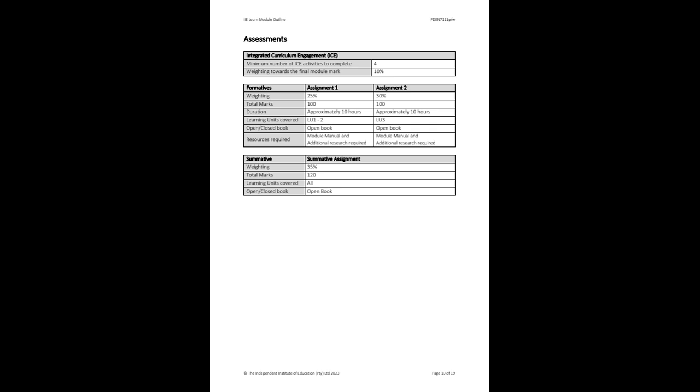I would highly recommend you do all 6 as part of your revision and learning and part of your study regime. You will need to complete 4 US tasks in order to achieve 10% of your final mark. So 10% of your final mark is reserved for your US tasks, made up of your 4 US tasks. So each of the 4 US tasks that you submit is worth 2.5%.